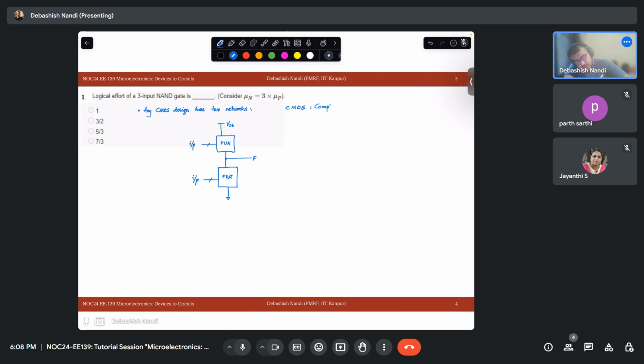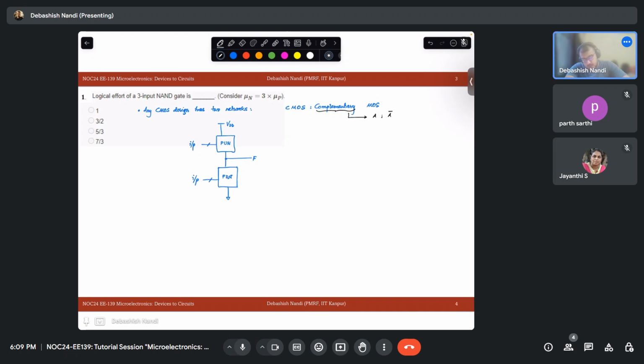This is nothing but complementary MOS. MOS is the same thing, metal oxide semiconductor. What do you mean by complementary? Suppose you have A, you will have a complement also in the same system.